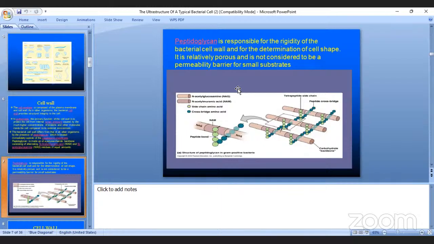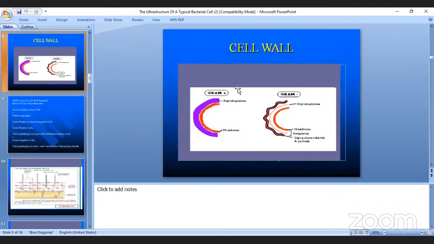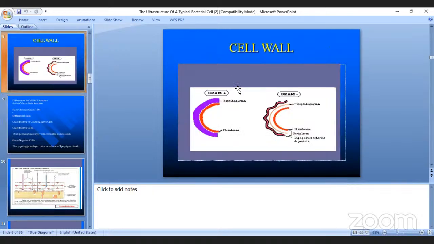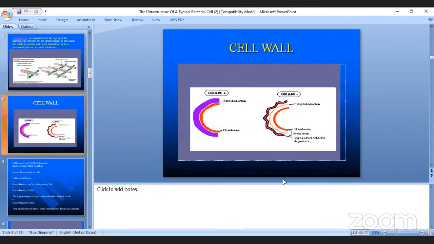Yes, we are able to see the peptidoglycan. Now, differences in cell wall structure: the cell wall gram positive and gram negative diagram.